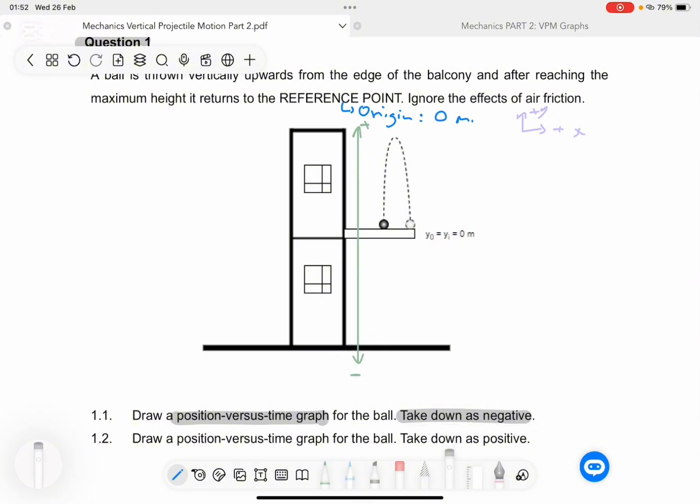So I'm extending this part of the reference frame. Remember, I'm using the reference frame to choose my direction.